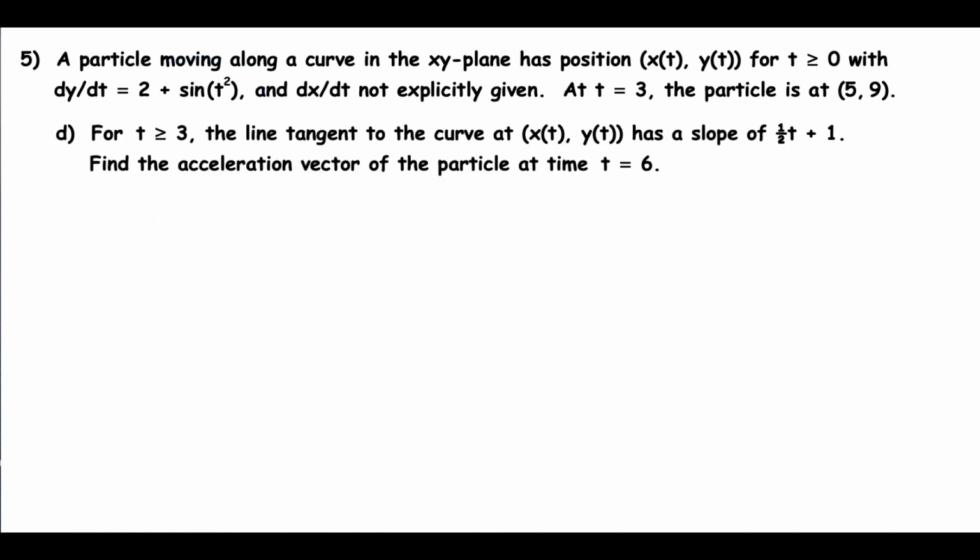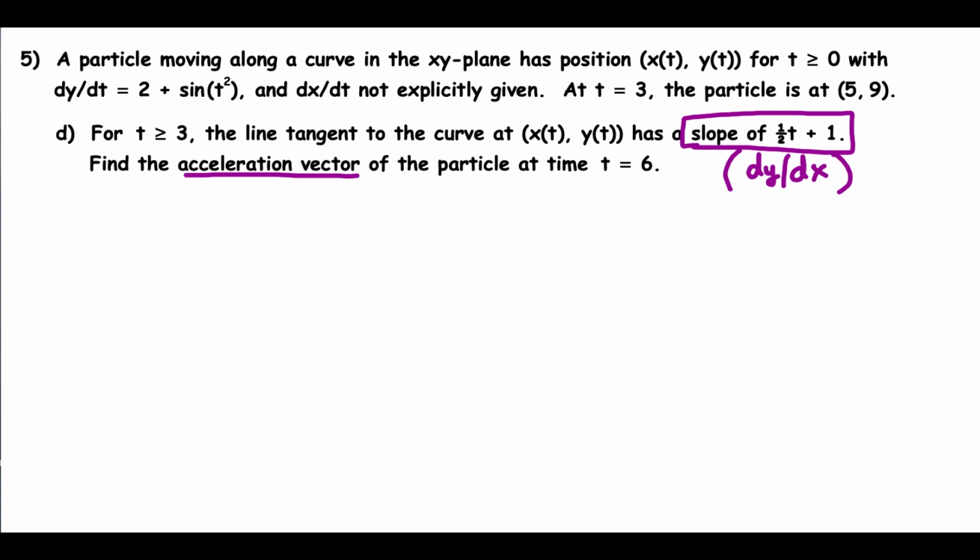For time t greater than or equal to 3, the tangent line has a slope of 1/2 t plus 1. So they're giving us dy/dx here. And I'm asking you for the acceleration vector when time is 6.